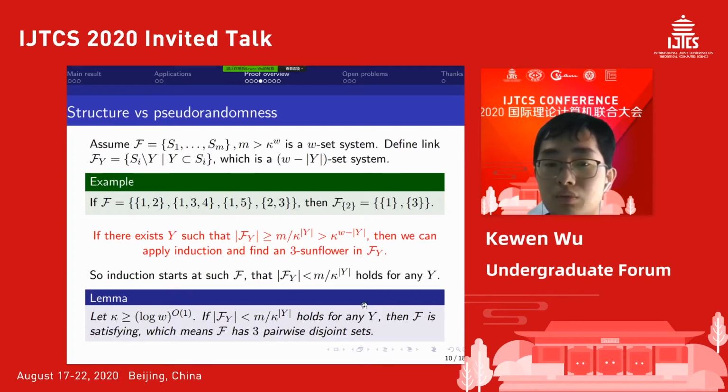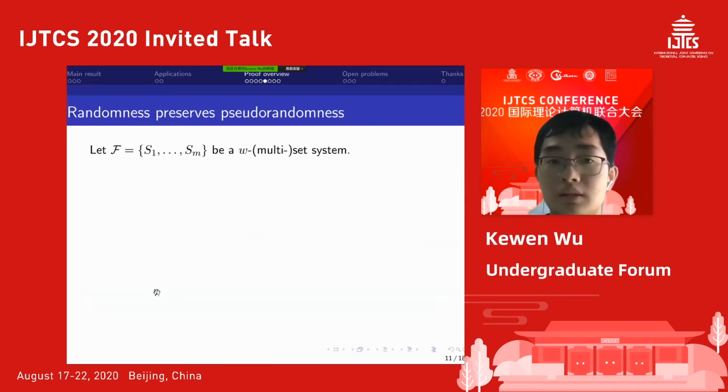Then, if this pseudorandom condition holds, this set system F has 3 pairwise disjoint sets. And this is our structural reduction. And how to prove this lemma is what we will do in the next few slides.